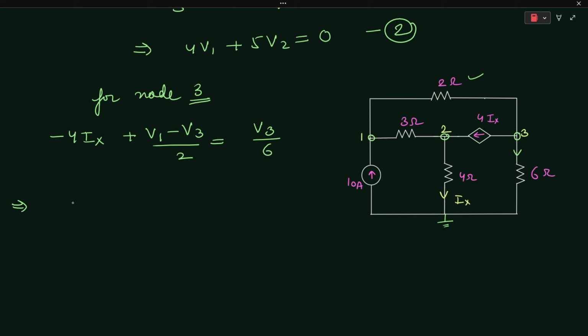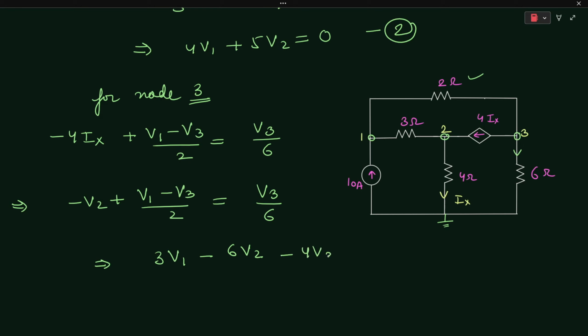So this implies -V2 + (V1 - V3)/2 = V3/6. On simplifying it, we are getting 3V1 - 6V2 - 4V3 = 0. Let's say this is your third equation.